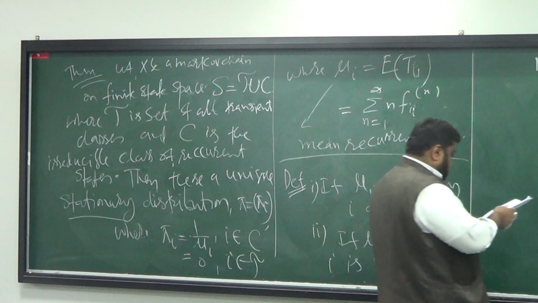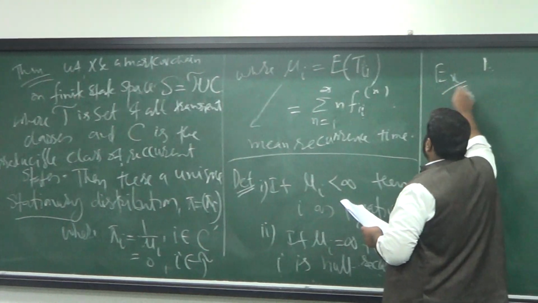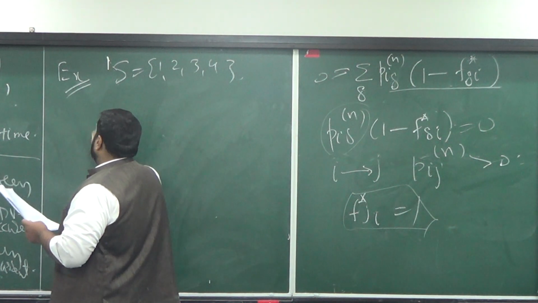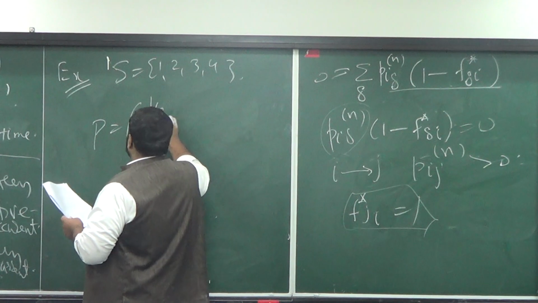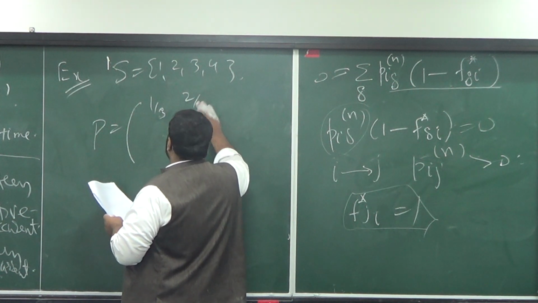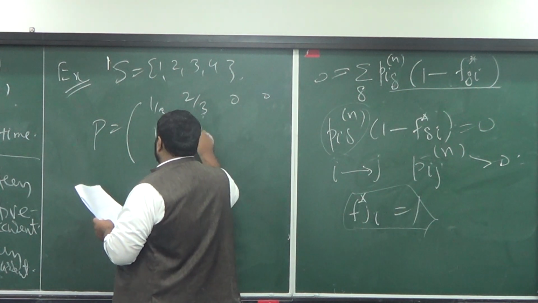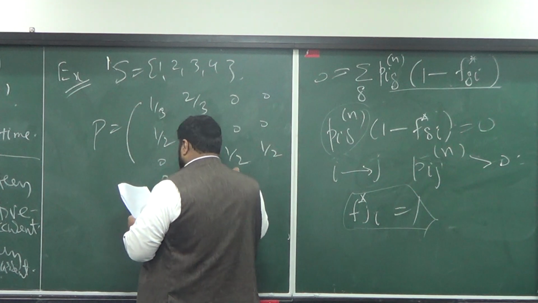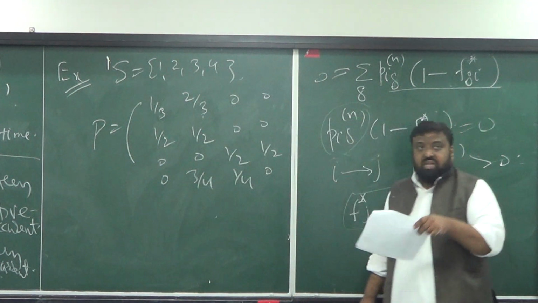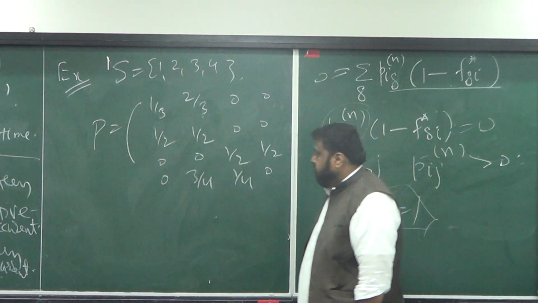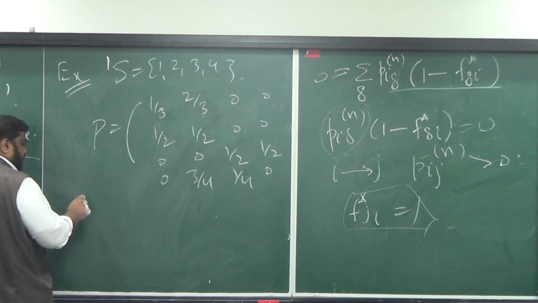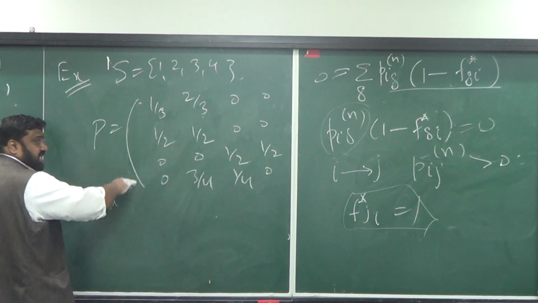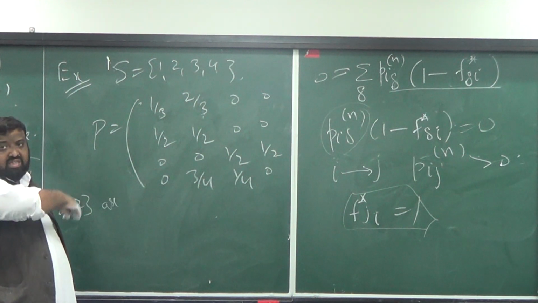Let's put it in action to give you an example. If you do your inspection, you will see that 1 and 2 are recurrent. You make a picture and you learn how to know whether a given class is recurrent or transient.